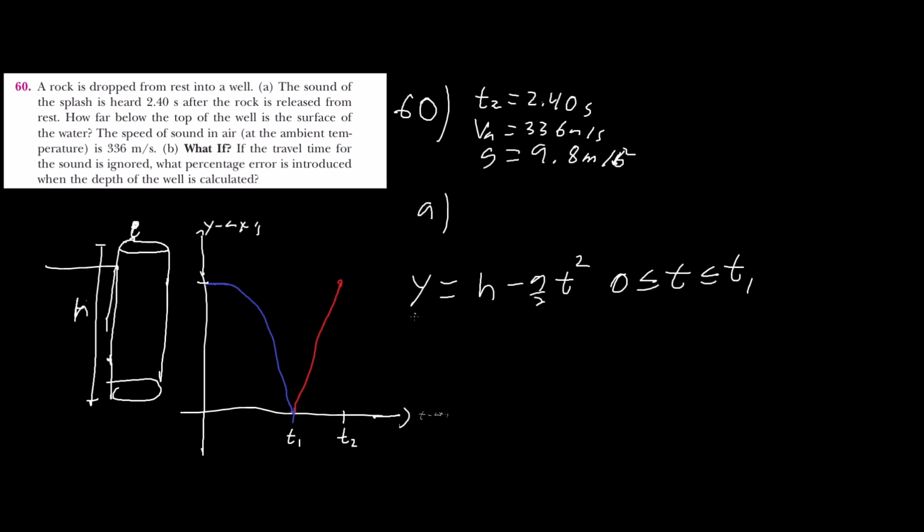After that, the position for the air is going to be a different graph, so this is going to be y1 and y2. It's really just the constant velocity times the time it takes. But the time is going to be the interval after t1.